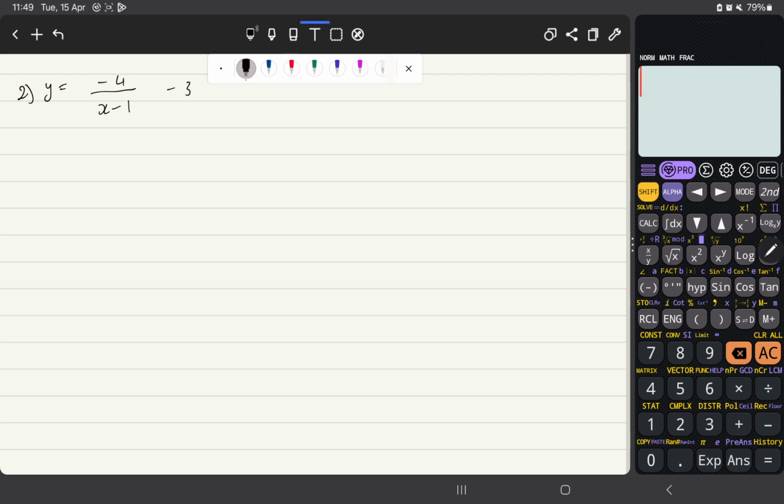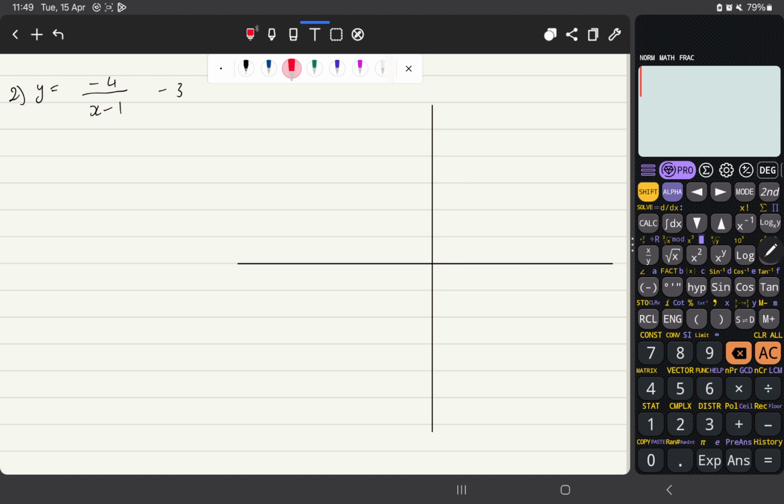the first thing, before you even go to your calculator, you're like, okay, I'm gonna draw up my asymptotes. I have a positive 1, so I'm gonna have this, and I have a negative 3.